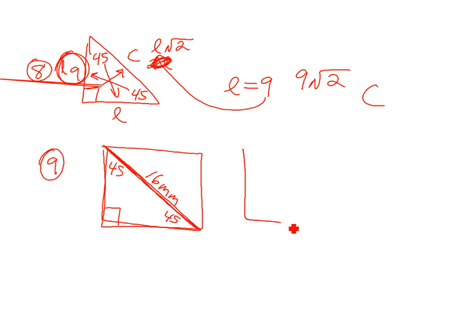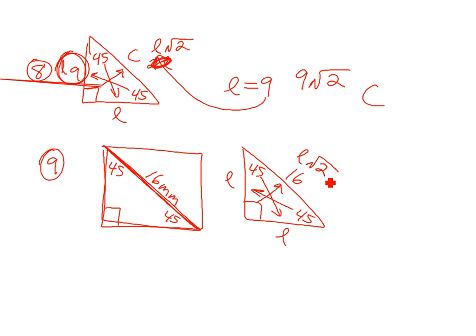So if we split one of those triangles off, this is 45, this is 45. We know this side's 16. The side across from each 45-degree angle is L, and the side across from the right angle is L times the square root of 2. We know that one this time. So L times the square root of 2 equals 16.